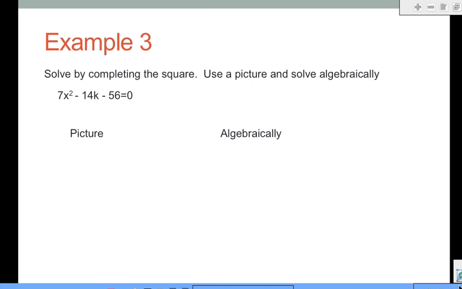The last one we're going to take a look at requires one additional step, because you'll see our a value is 7 and not 1. So we'll divide everything by 7. Now we have x squared minus 2x minus 8. Add the 8 to each side.